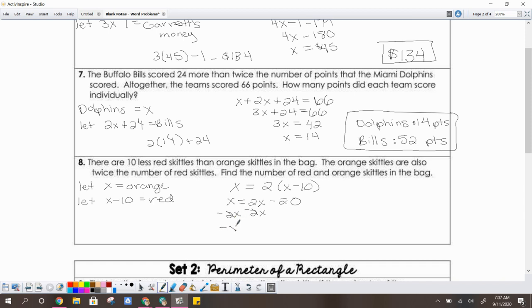So I have a negative x equals a negative 20, and then divide both parts by negative 1 because that is a negative 1 in front of that x. So x equals 20. So that tells me there are 20 orange Skittles. And then to figure out the red, you would just take 20 minus 10, which would be 10 red Skittles.